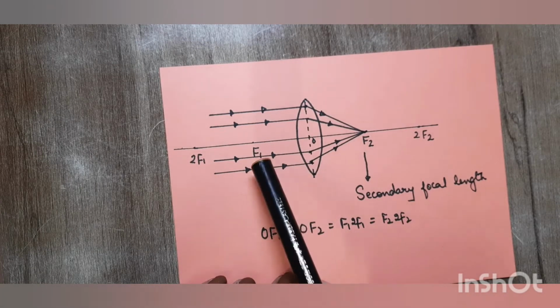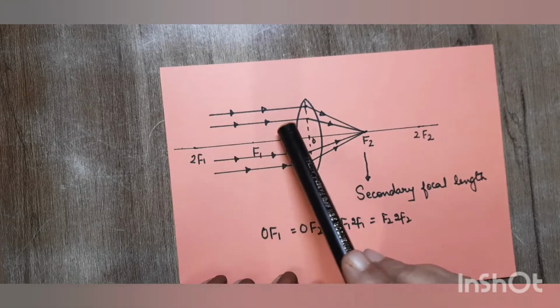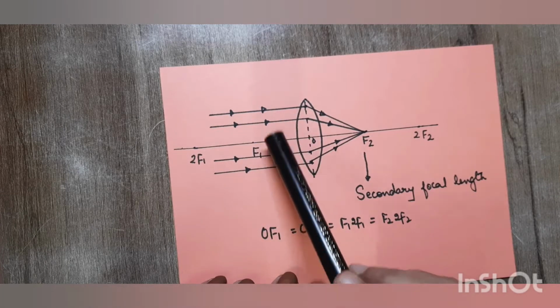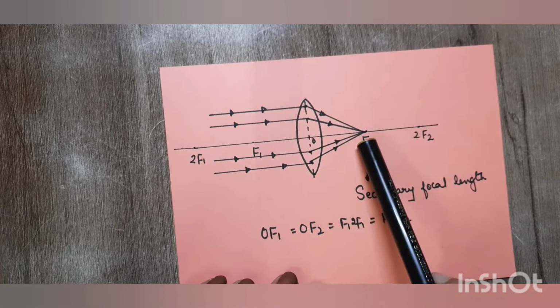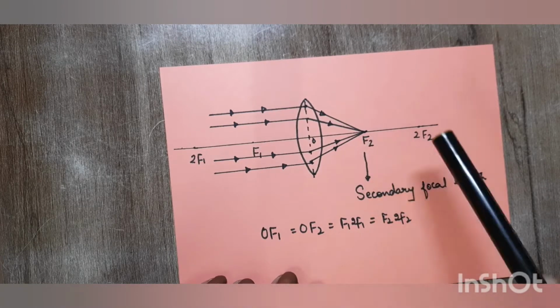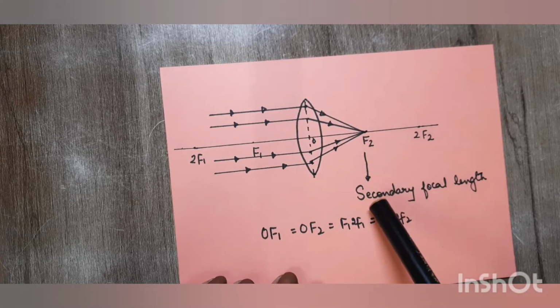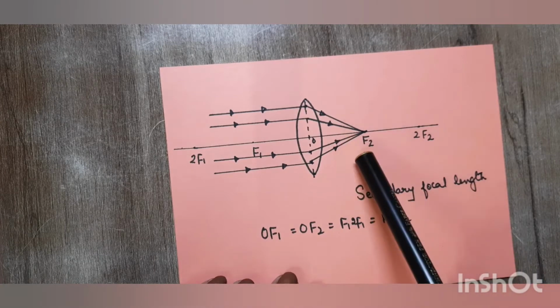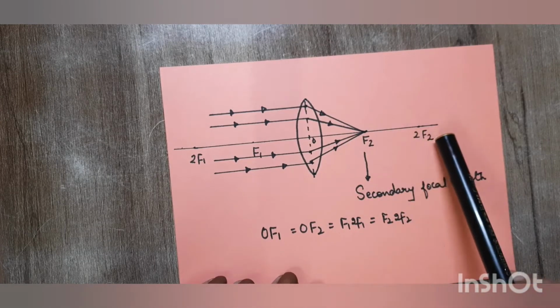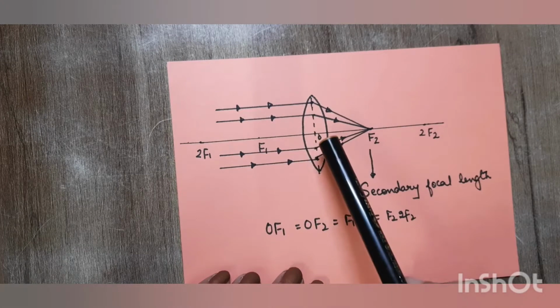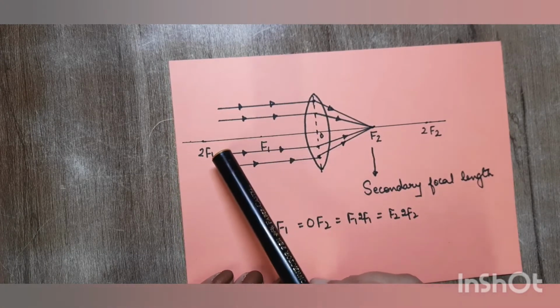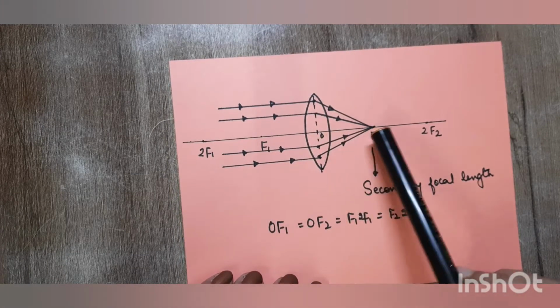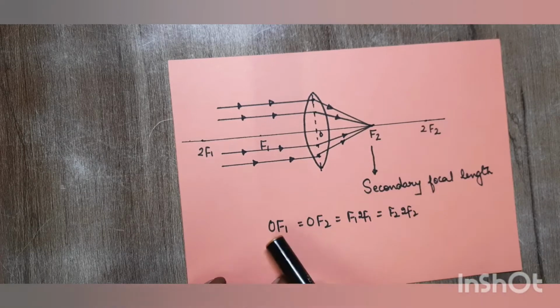On the right side, when incident rays travel parallel to the principal axis, they meet at F2. That is taken as the secondary focus, F2, and double of it is 2F2. The distances O to F1, F1 to 2F1 and O to F2, F2 to 2F2 are all equal.